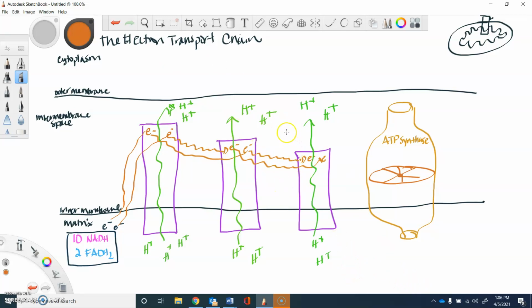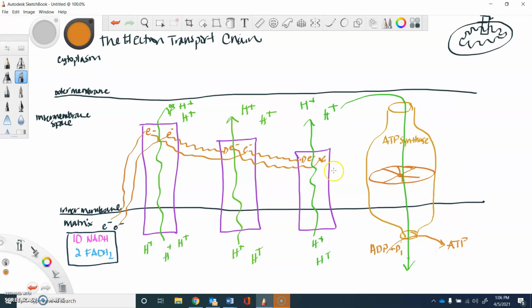The only way for those hydrogens to get back into the matrix is to go through ATP synthase. So the hydrogens go through ATP synthase, and when they do that, it turns this little machine, and when that happens, we get ADP plus inorganic phosphate attached to make ATP.